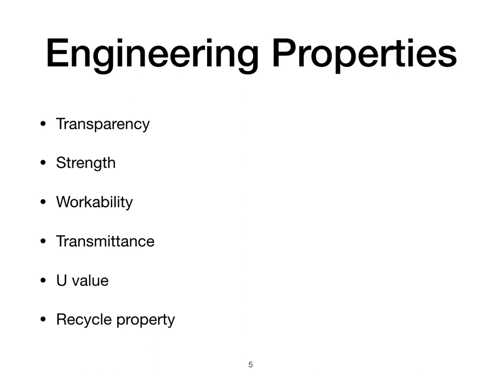U value of glass represents the amount of heat transferred through glass. If a glass is said to be an insulated unit, then it should have a lower value. Recycle properties of glass. Any glass can be 100% recyclable. It can also be used as raw material in the construction industry.